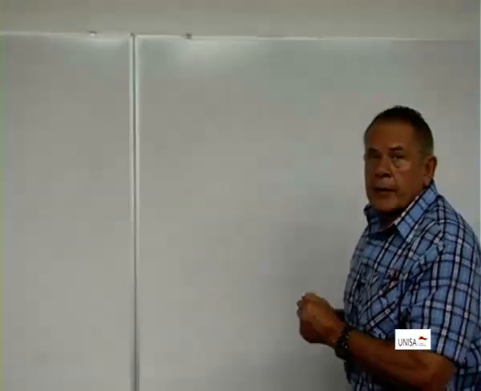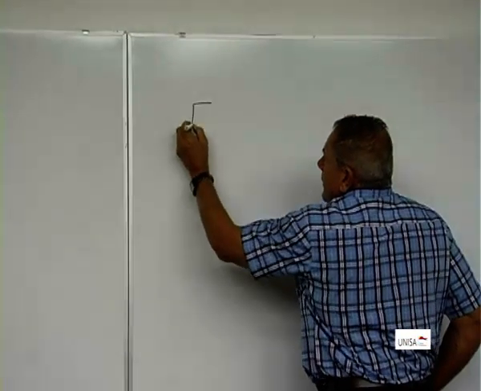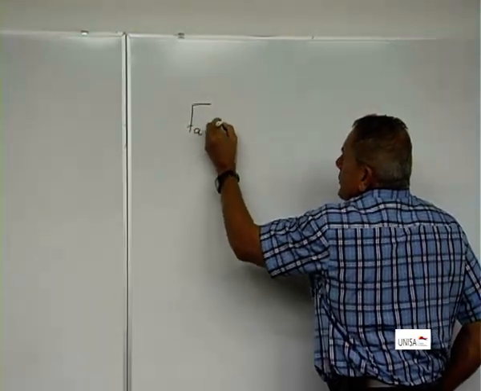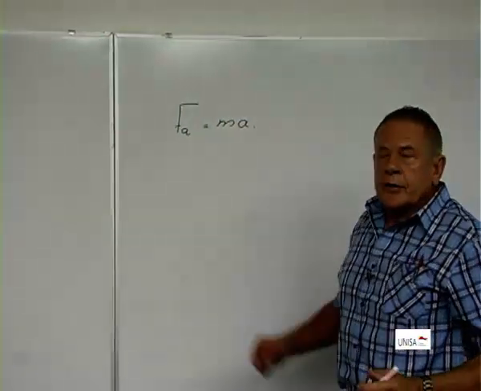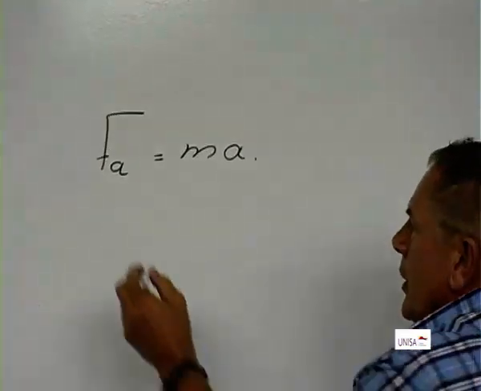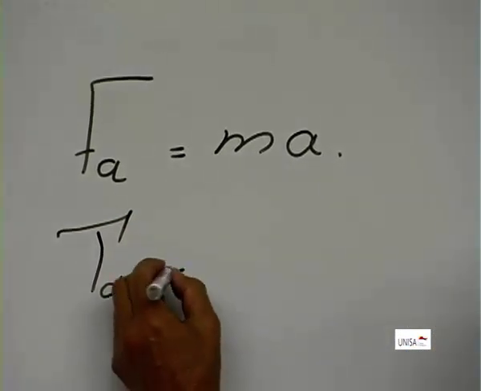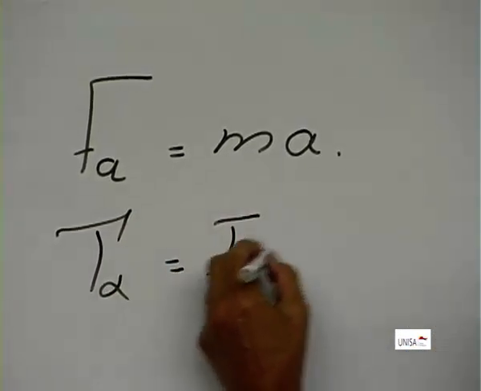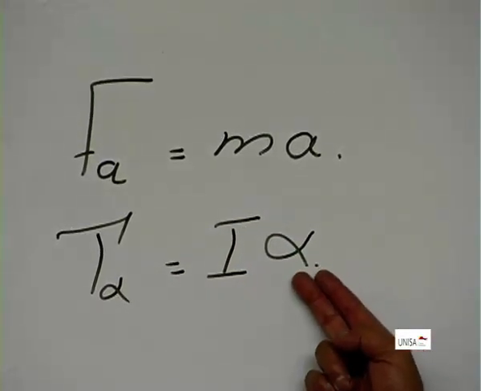If you go back to your standard Newton's second law, F equals ma. This is for linear motion. For angular motion, you get your effective torque equals inertia times alpha, the angular acceleration.